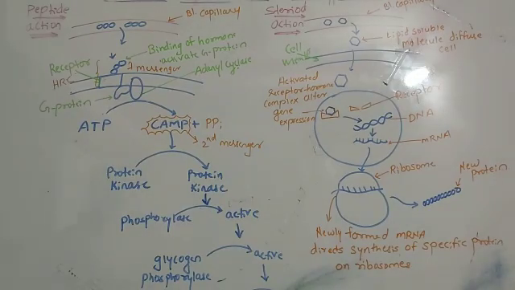So by this we have ended the topic of chemical coordination and integration. We have studied all the detailed structures and where they are present, starting with the brain, the hypothalamus, and the pituitary gland, which is the master gland that controls all other glands: the thymus gland, parathyroid gland, thyroid gland, pancreas, adrenal gland, and the gonads here.